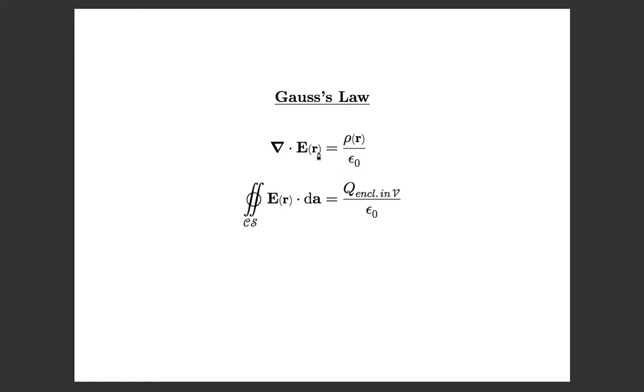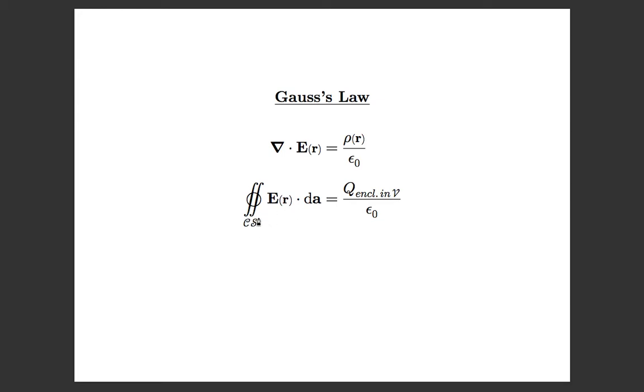Another important thing to recognize is that this differential form is talking about the electric field at a specific location, at one single location designated by this vector r. And it's talking about the charge density at one single location r. In the integral expression, we're looking at the electric field at all points along this closed surface.